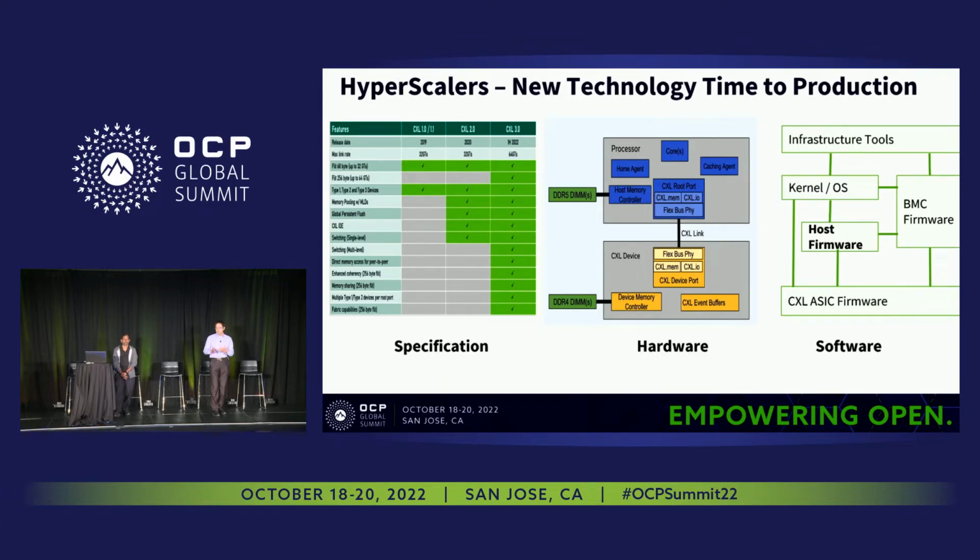Sapphire Rapids supports CXL 1.1. On the software side, we have full control. We write our own infra tools. We have great expertise in kernel OS, and we write our own OpenBMC. We interact with the device vendors for the device firmware through the CXL spec interface. So that's all under our control.